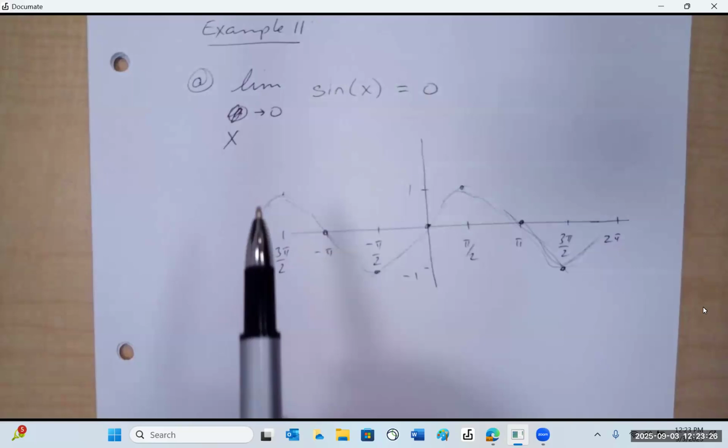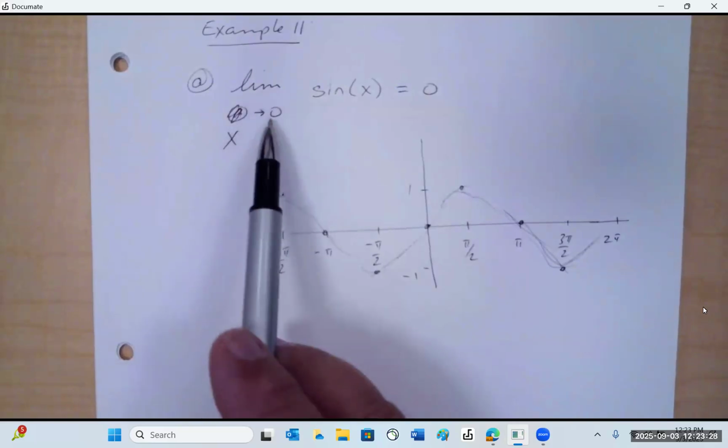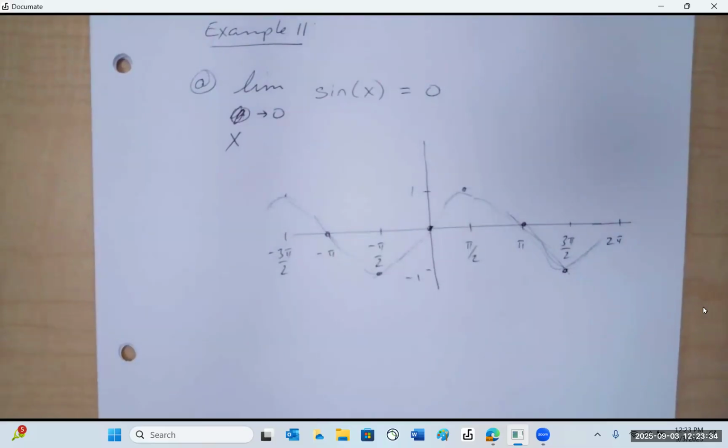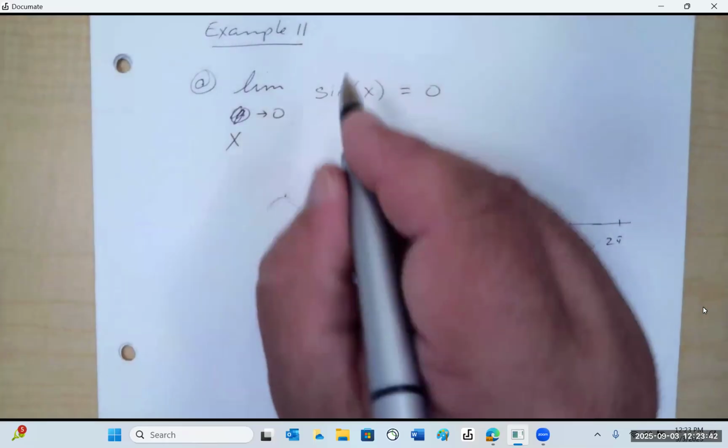We're looking for the limit according to this. We're looking at creating a sandwich theorem at that point as x approaches 0. So we have f of x.